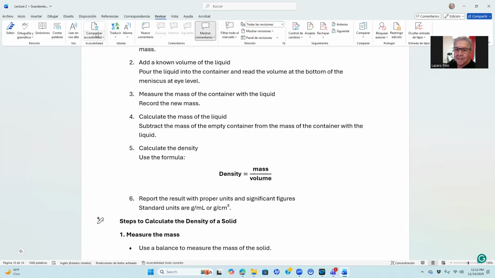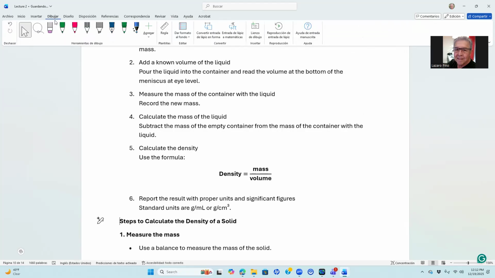Then here in the liquid, as I told you before, what are you supposed to do? Well, you have the liquid, you measure the weight of an empty graduated cylinder. Then you have the mass of the graduated cylinder that is empty.